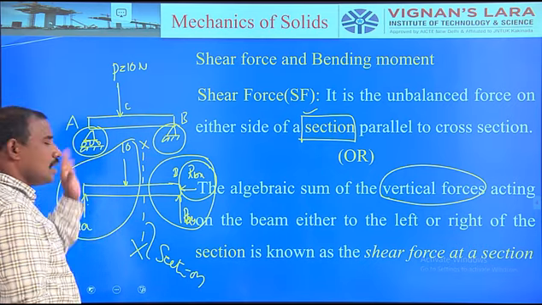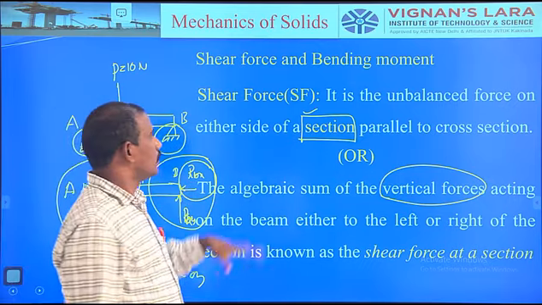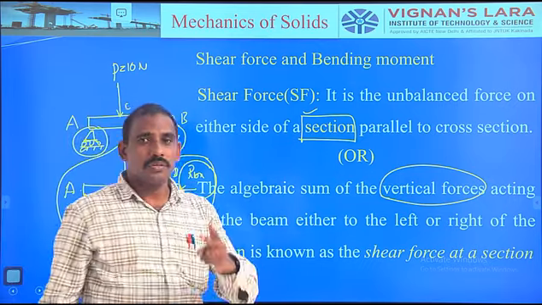For example, the x-axis line may be very close to A or very close to B or anywhere throughout the length. Here there are two important points. One is the shear force. A shear force is an algebraic summation of the vertical forces acting on the beam. The second one is the section.